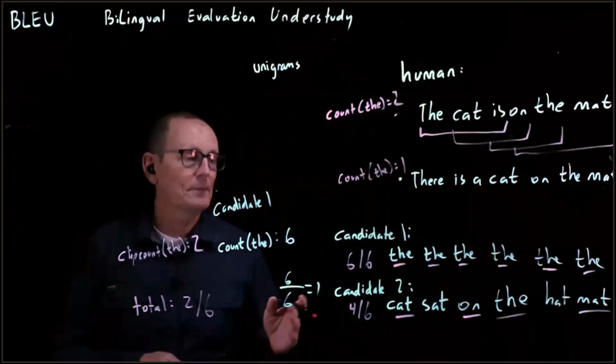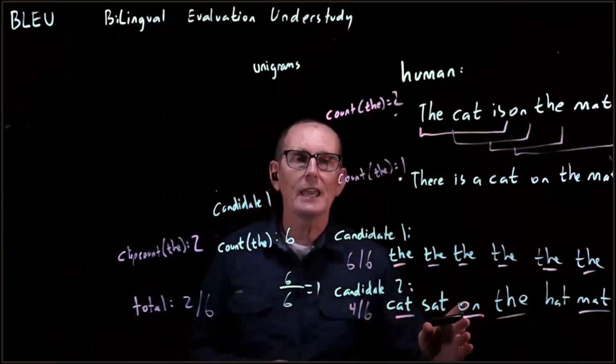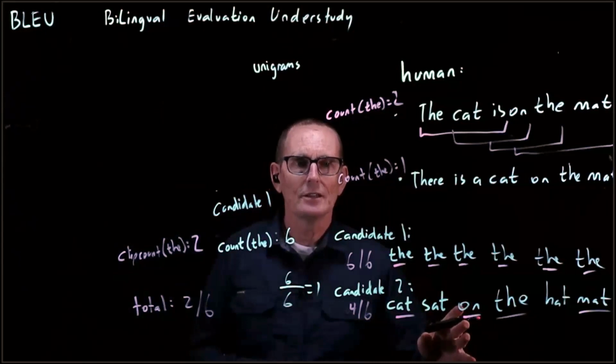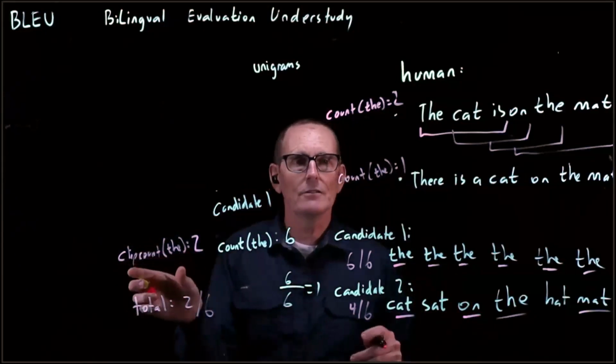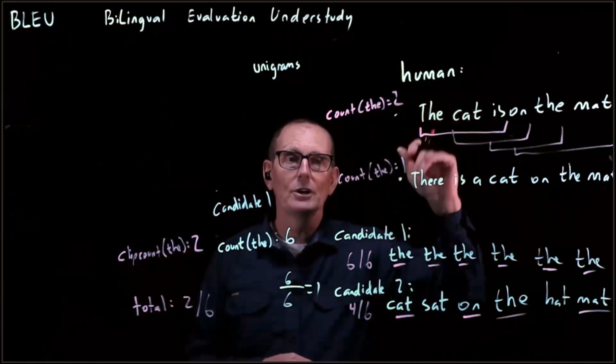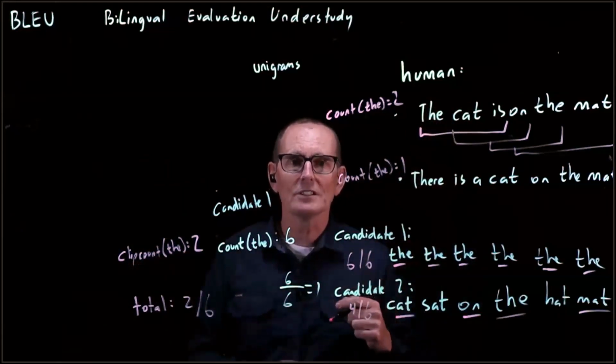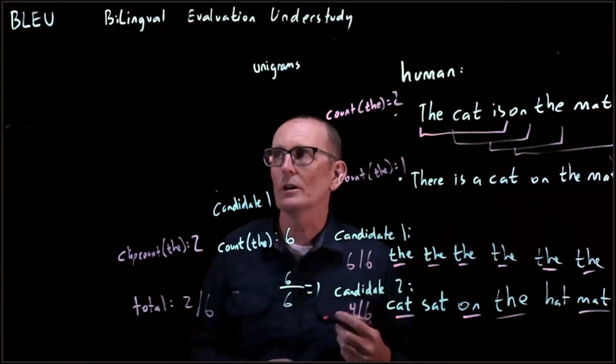We're going to take each unique word in the candidate sentence. We are going to clip count it. That is, we're not going to give it credit for more than the maximum number of that word in any sentence. And then we're going to sum them up and divide by the number of words.